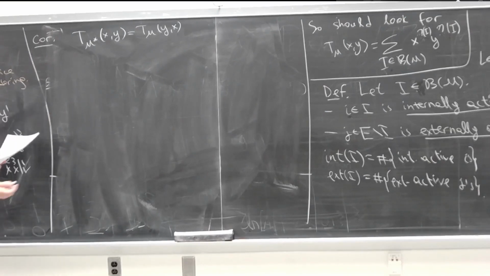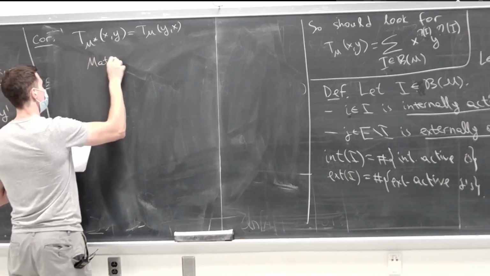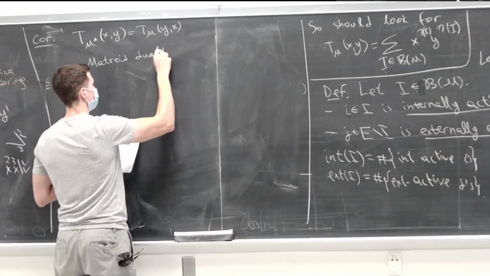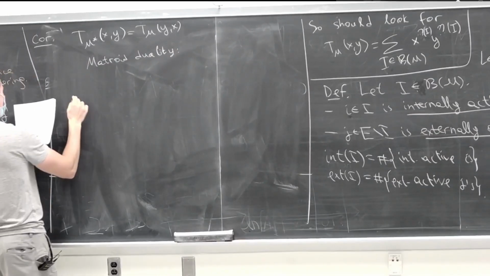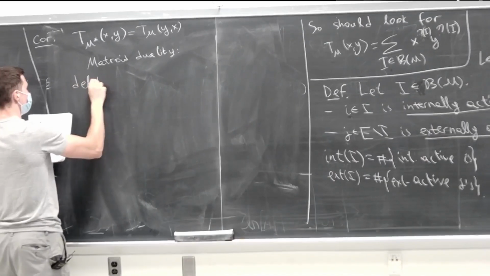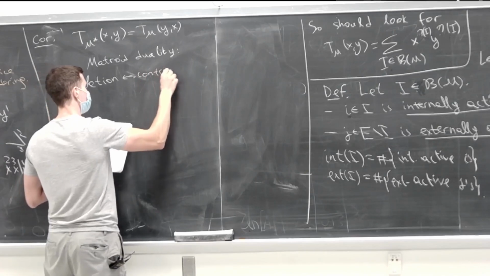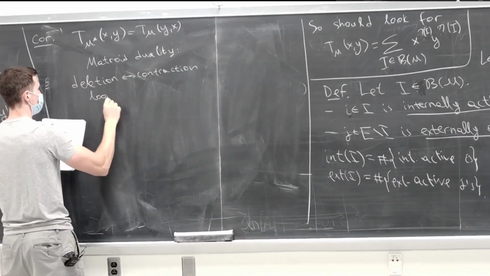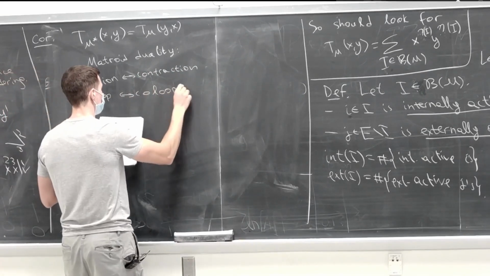And in general, let me just summarize. If you apply matroid duality in this context, then you switch deletion with contraction and vice versa. Loops become co-loops and vice versa.